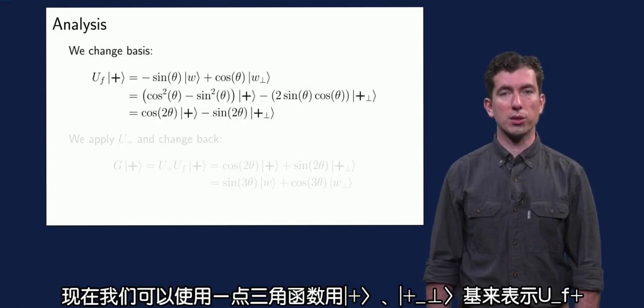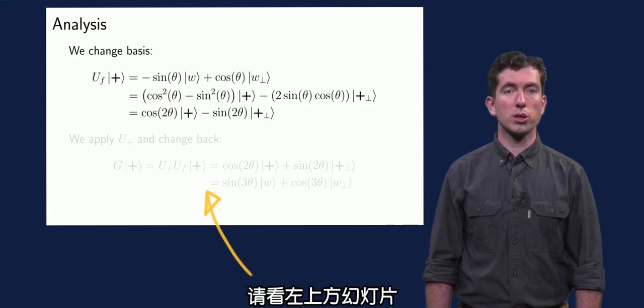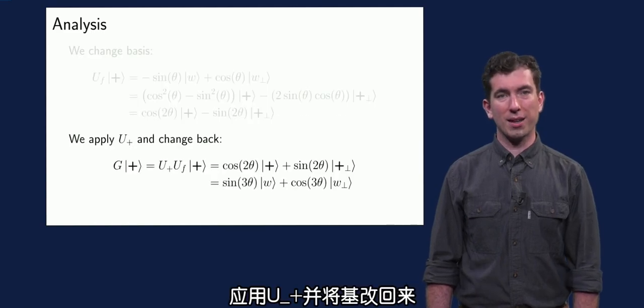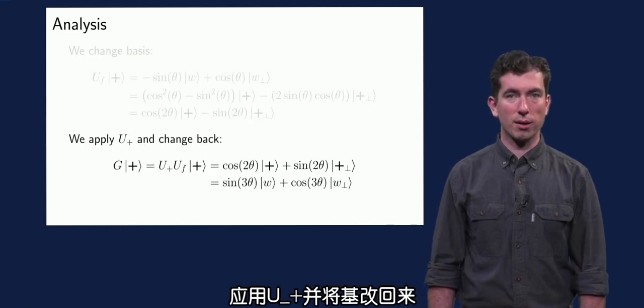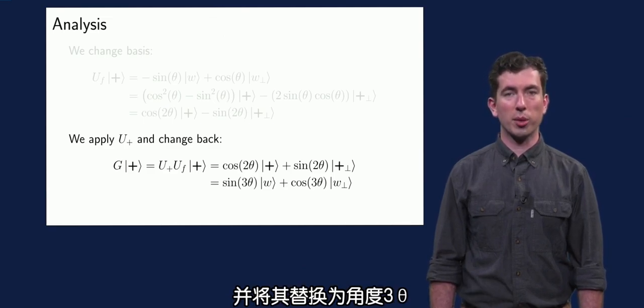Now we can express UF applied to plus in the plus perp basis using a little bit of trigonometry. Eventually, we get to the expression cosine of 2 theta plus minus sine of 2 theta plus perp. Applying U+ and changing the basis back, we can see that the Grover iterate takes our initial angle theta and replaces it with the angle 3 theta.